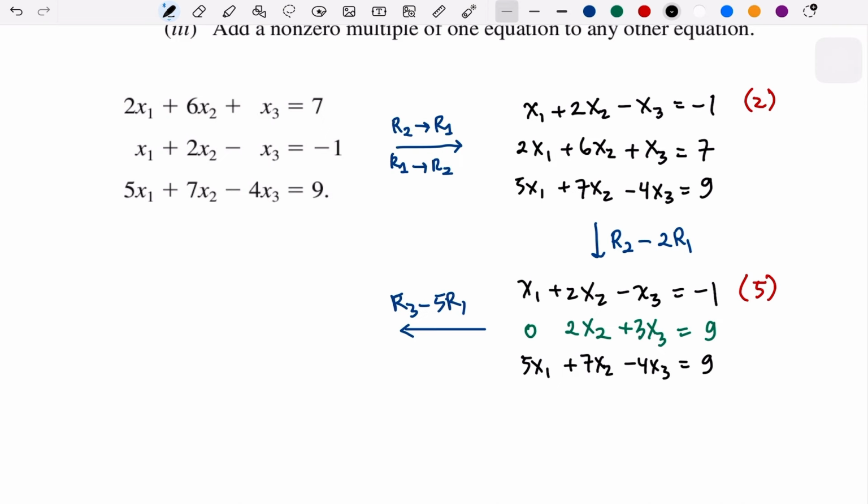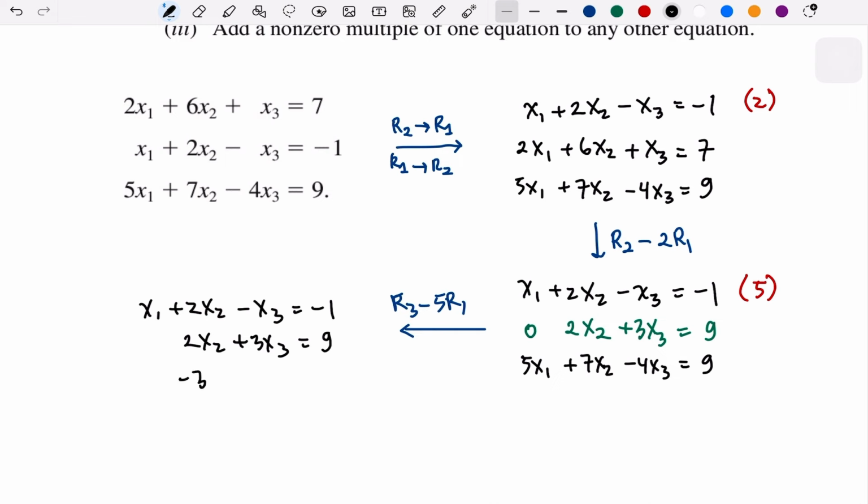The first one's still the same, x1 plus 2x2. And the second one will be 2x2 plus 3x3, and then equal 9. And then the third one, 5x1 minus 5x1, 0. 7 minus 2 multiplied by 5 is 10, so 7 minus 10 is negative 3.